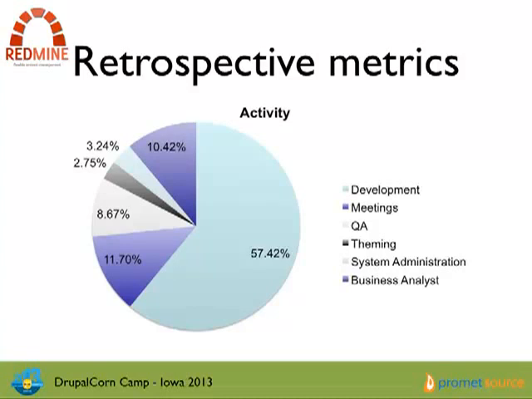So the custom trackers that he was displaying earlier, one of the places this has really helped my team is that when we started doing retrospectives, we didn't have a good measure of how much time we actually spent in meetings or how much time we spent in project management, systems administration. By having these metrics, they didn't really affect us overnight, but after we were doing several projects, you can look and say, wow, I never really thought that we spent like 15% of our time in meetings.